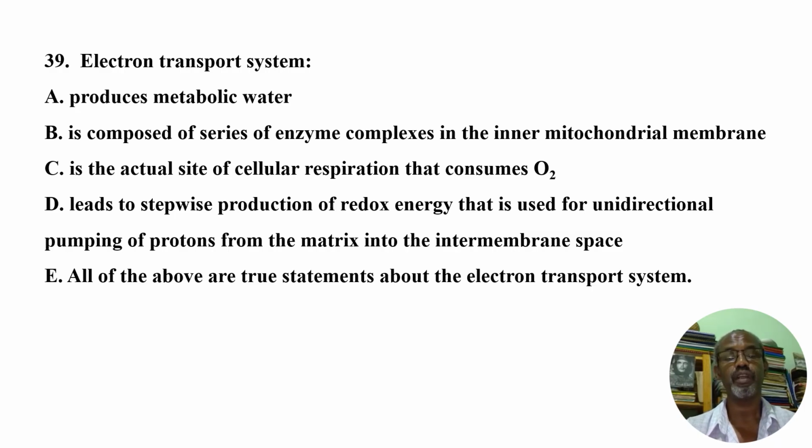D, leads to stepwise production of redox energy that is used to, you see, redox energy means electrons jumping from high energy level to low energy level, releasing energy. That energy is used for unidirectional, one directional pumping of protons from where to where? From the matrix into the intermembrane space. Exactly. And the answer is really this one.